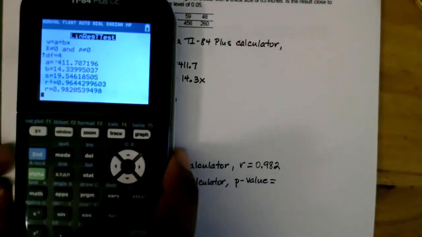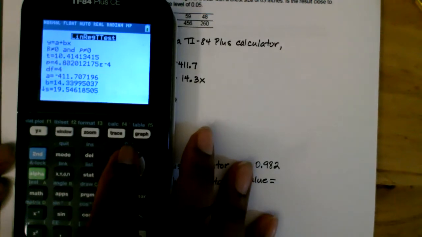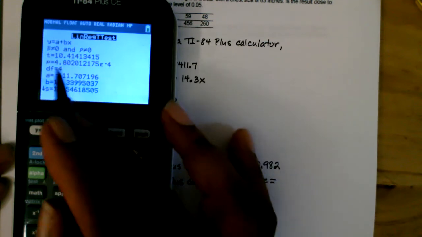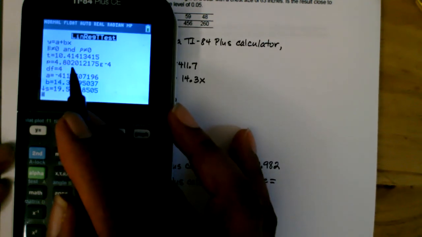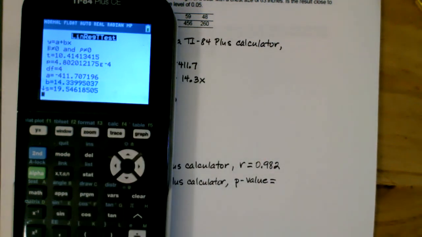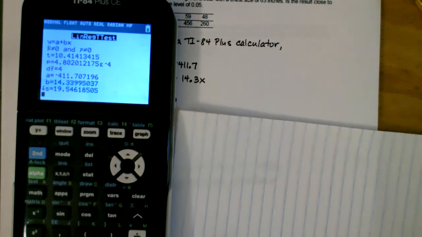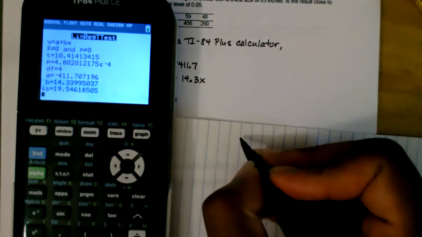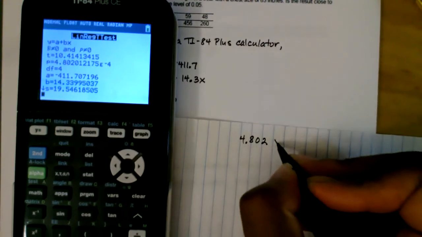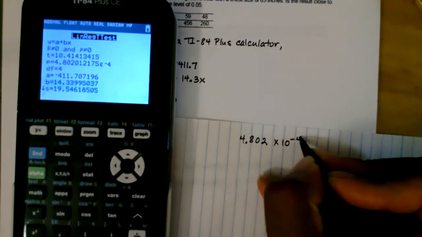If I use my up arrow key, notice that the p-value is a very small number, 4.802 times 10 to the negative 4, and that is in scientific notation. Let me show you how this is done.